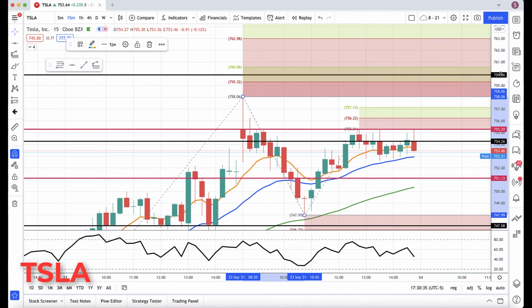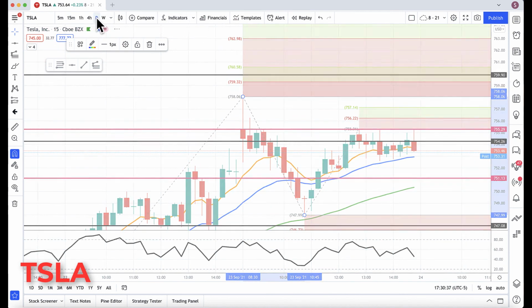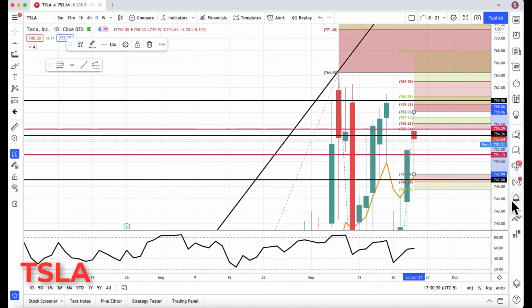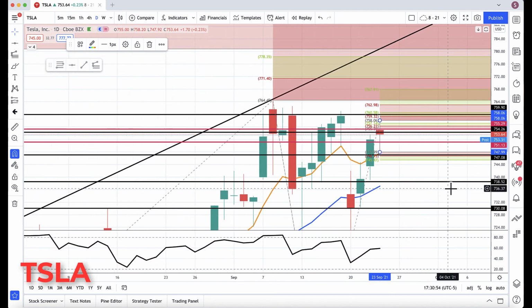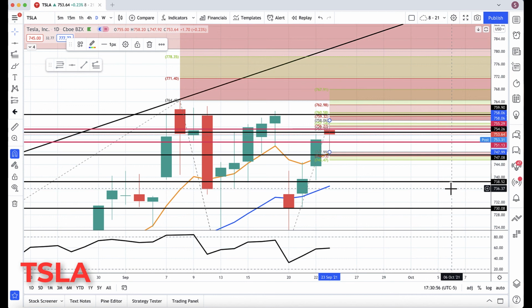Then you have your prior levels we've listed off many times before. If we really got through 764.45 on a momentum move, 768, 771, and then 778 are the key levels higher, but we'd really need something special to happen tomorrow.